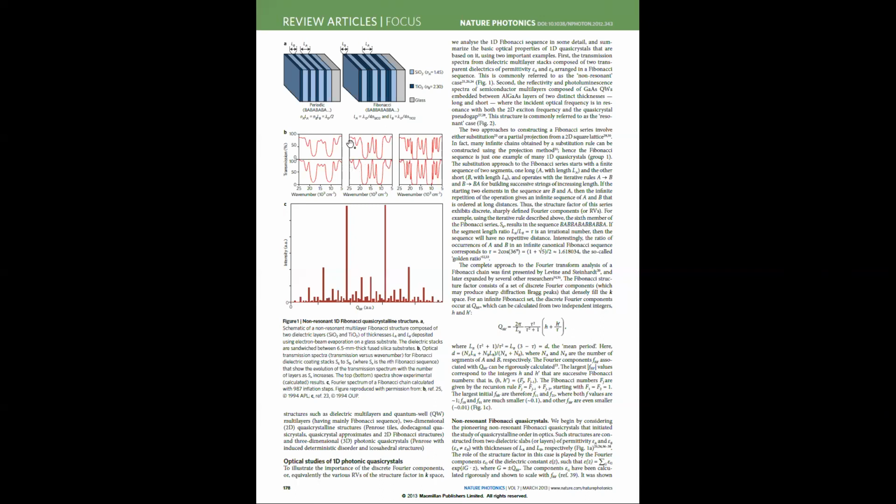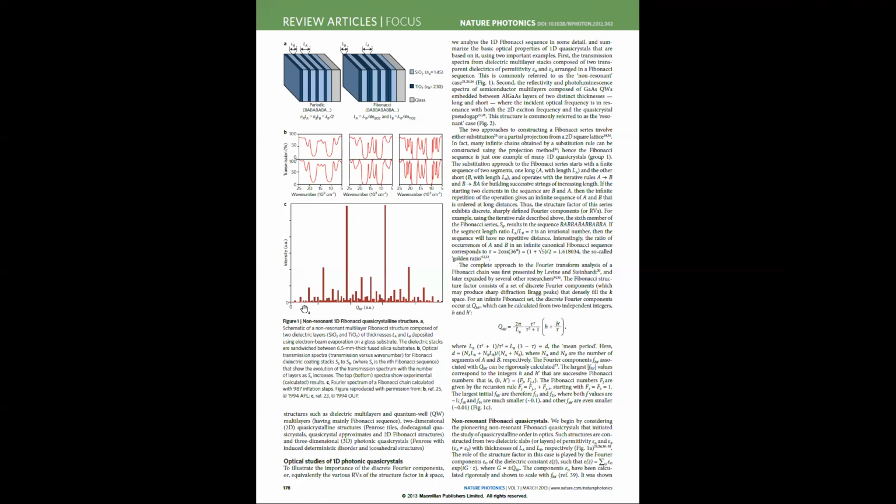And now, because it's 1D, we just have to multiply a bunch of 2x2 matrices that follow a simple rule: the next set of matrices is the combination of the two previous sets of matrices. And you get these fascinating transmission spectra.